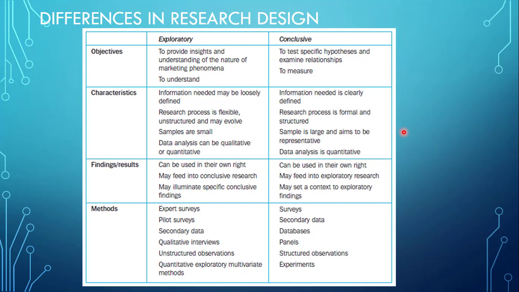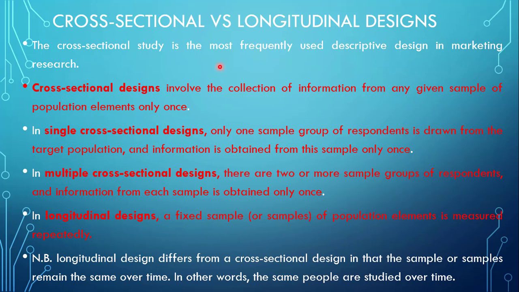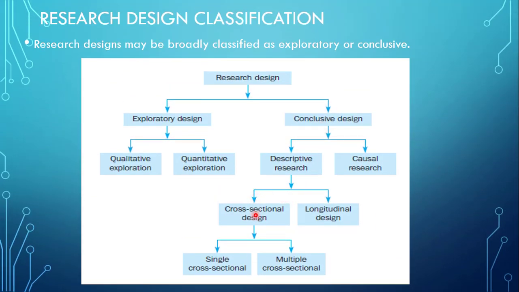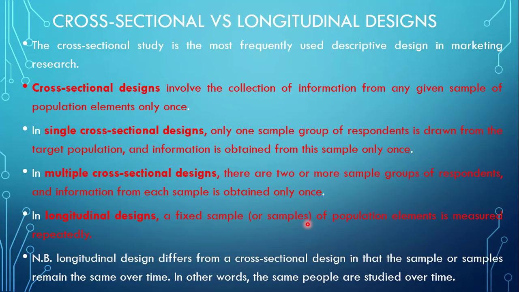So saying that, let's go back to the classifications of descriptive research design. We classify descriptive research in the diagram, as you see, as cross-sectional research design and that of longitudinal research design. It is a little bit tricky, but it's simple. I'll try to make it as simple as possible.